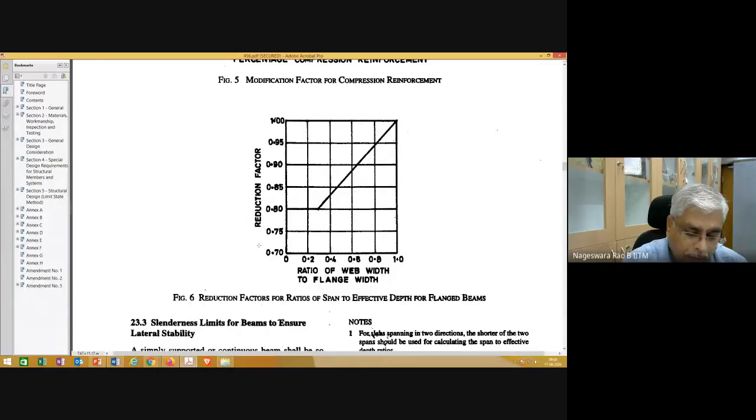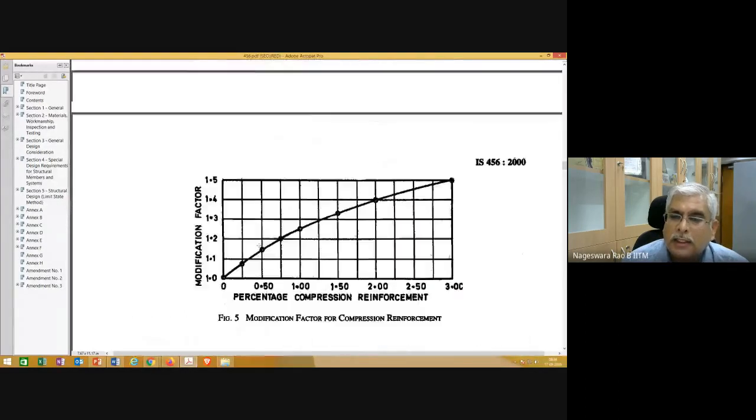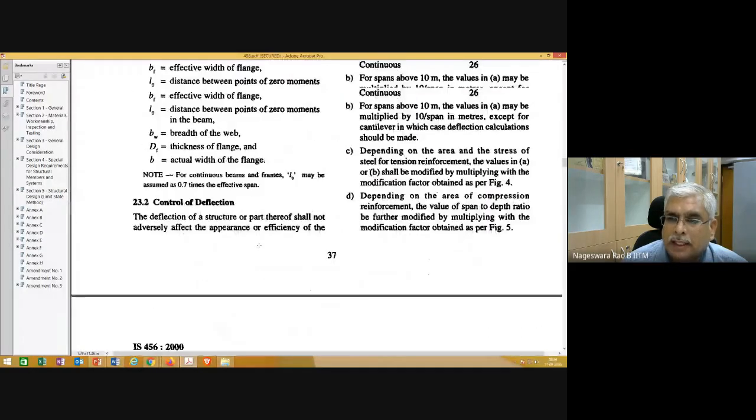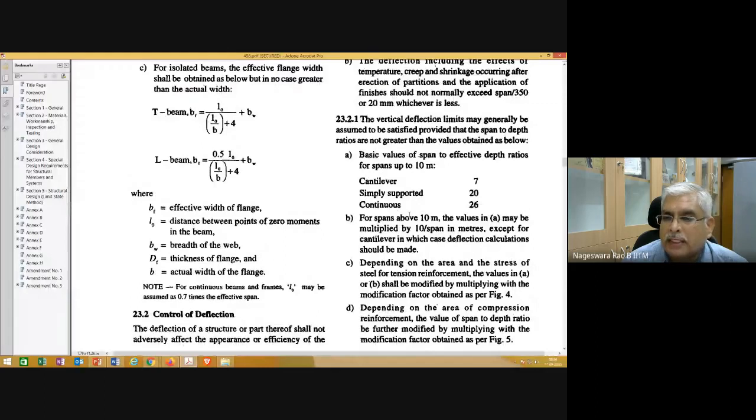Okay, so now you apply the total. Multiply all this: 0.77 multiplied by 1.1 multiplied by 0.8. And this is a continuous beam with a span of 10 meters, so the basic value is 26. We don't need to apply a correction for the span because it's only 10 meters.